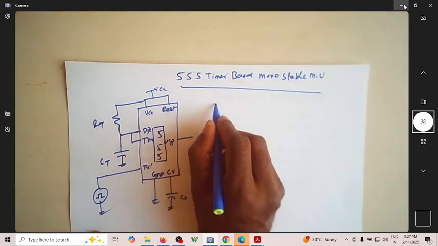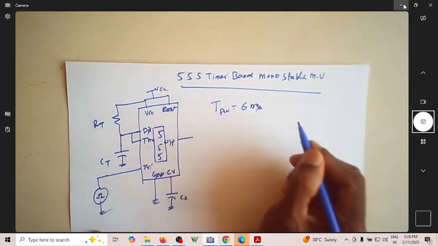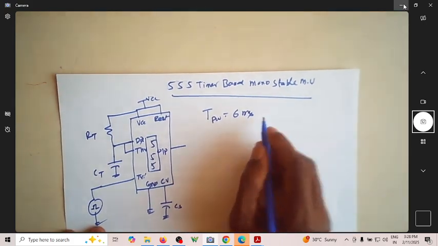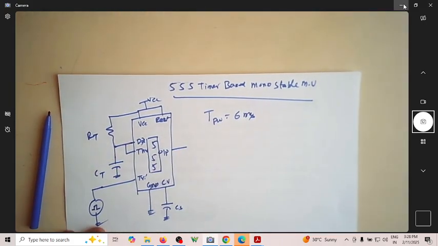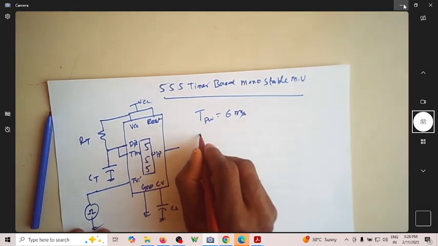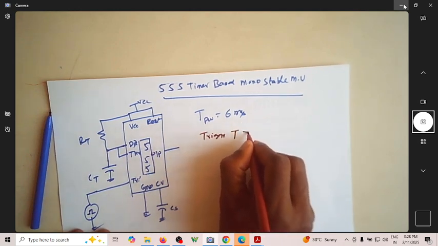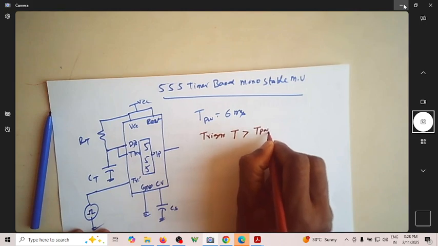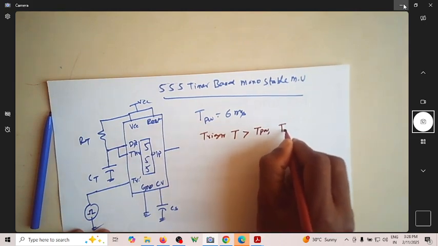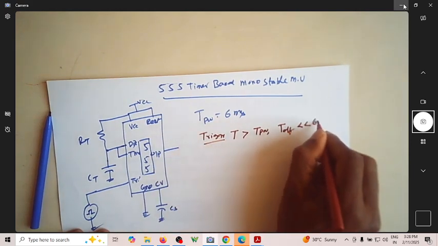So now assume that I want to have a pulse width of 6 millisecond. To get a pulse width of 6 millisecond, first of all I have to have a trigger signal whose time period is greater than the pulse width, and whose T off should be far less than 6 milliseconds.